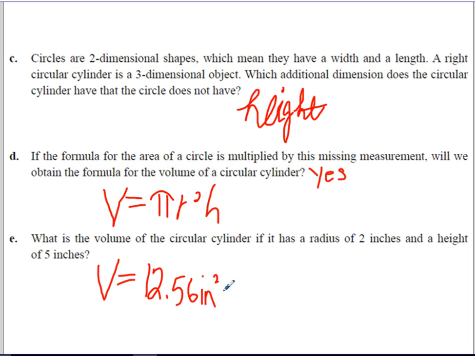So all we have to do is add that dimension of the height, which is 5 inches. And that will give us the volume of 62.8. And we're adding that third dimension. So again, our inches now is in cubic inches.